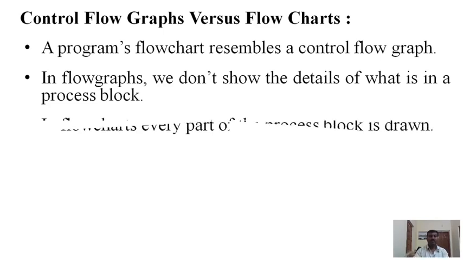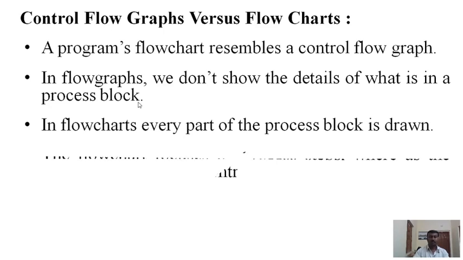But in the flow chart, every part of the process block is drawn in detail. Each process block has to be designed in detail. In flow graphs, we do not provide that much detail for the process block. That is the main difference.